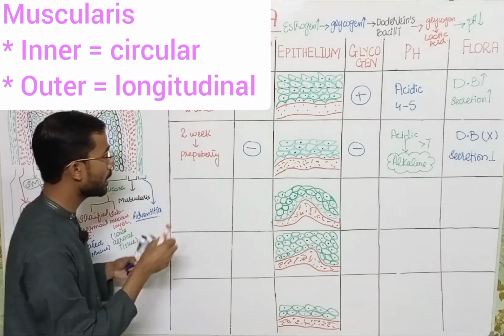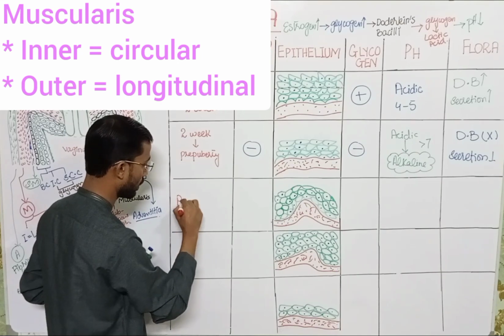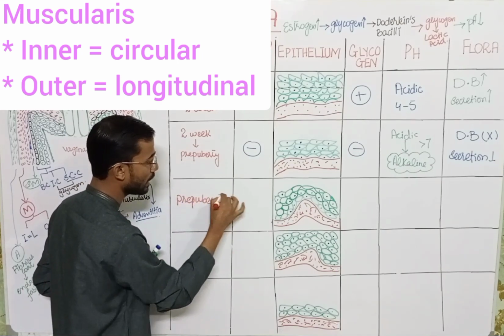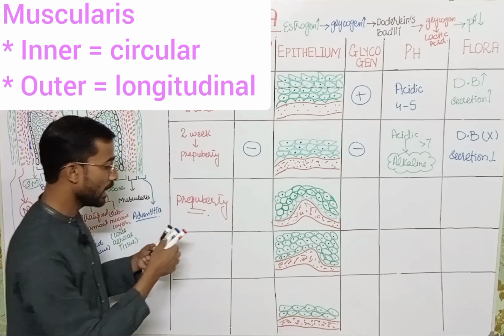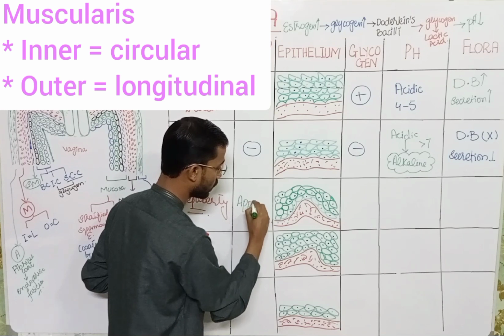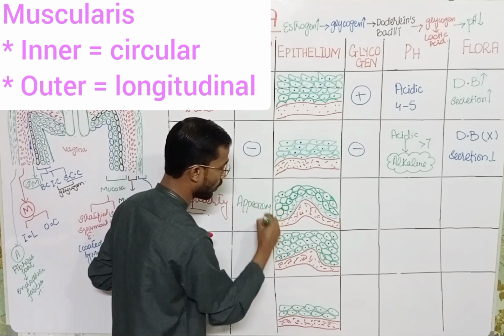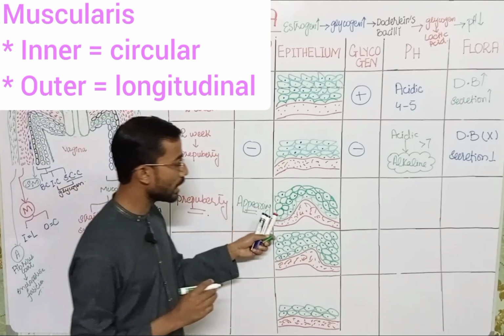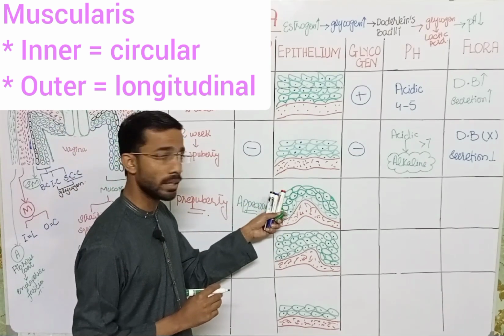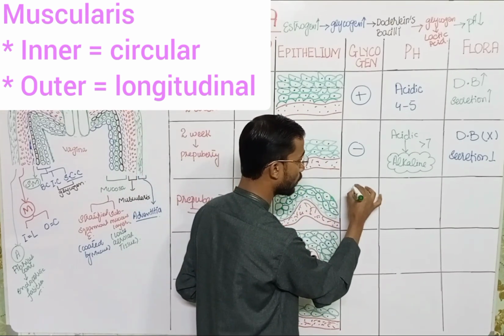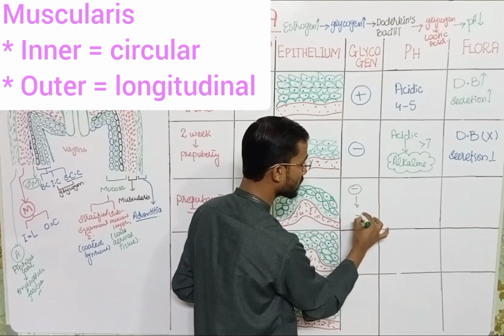And next is the pre-puberty. In that situation, you will see the estrogen starts appearing. So this is the case. When the estrogen starts in the pre-puberty, then the thickness of the vagina starts increasing, and the glycogen converts from negative to positive.